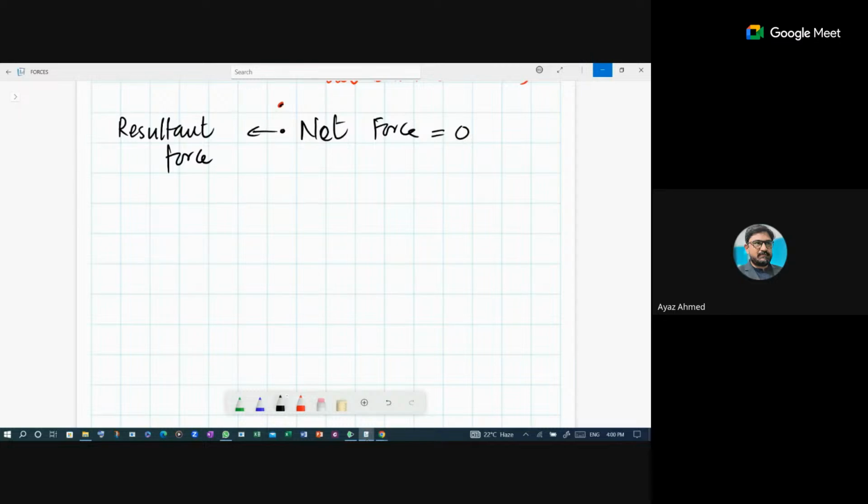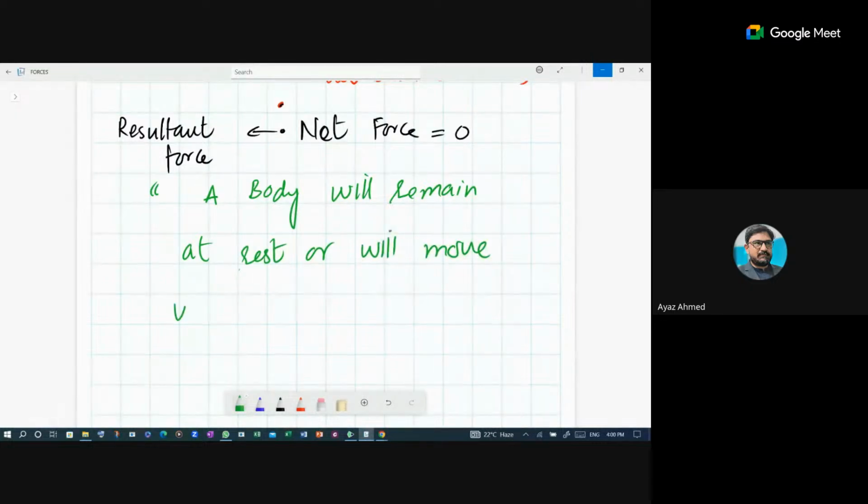Now, what is this law? This law states that a body at rest or moving with uniform velocity will remain at rest, or will move with uniform velocity, unless a resultant force acts upon it.